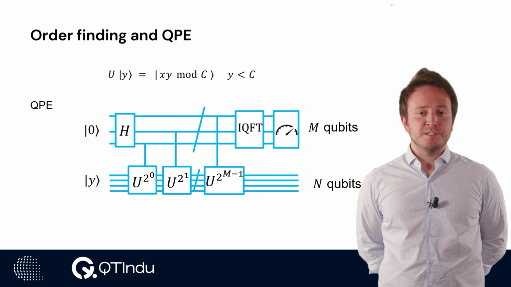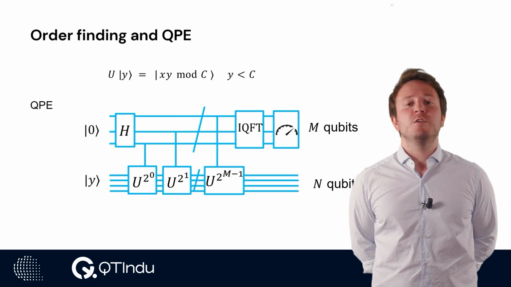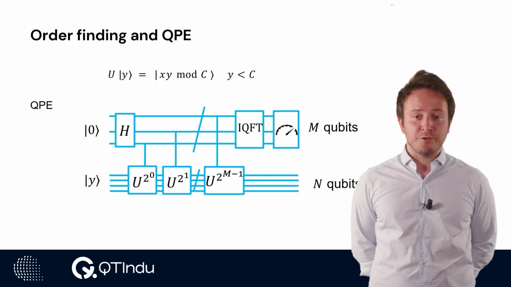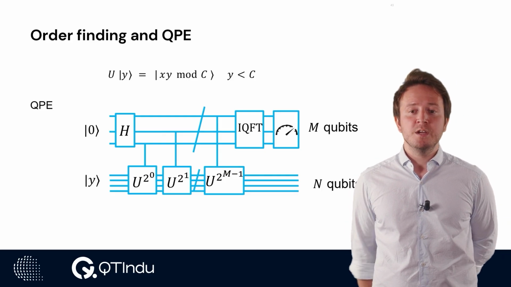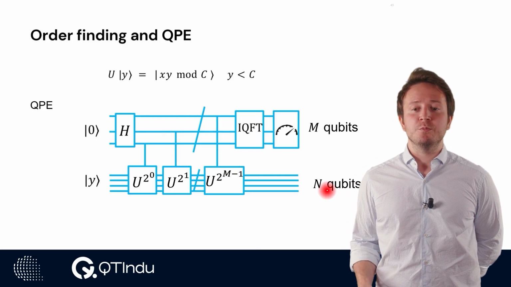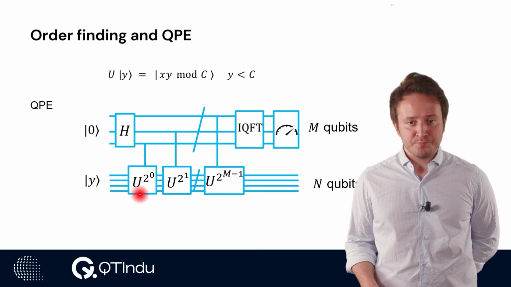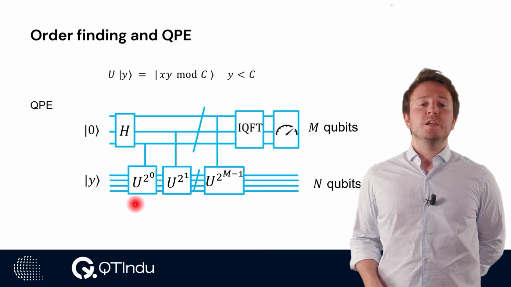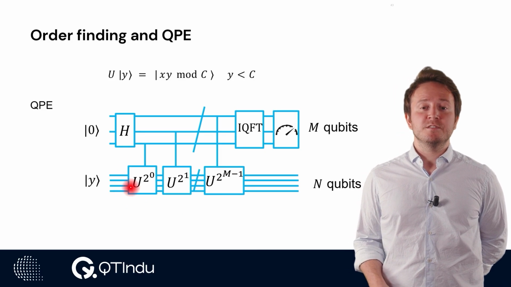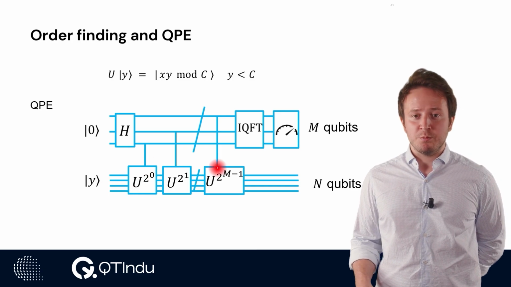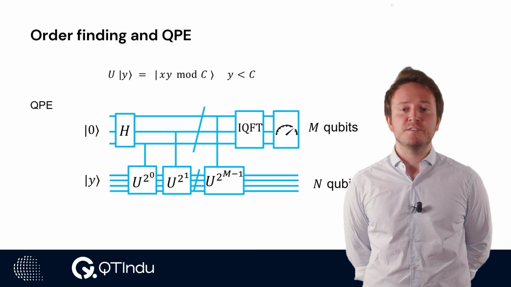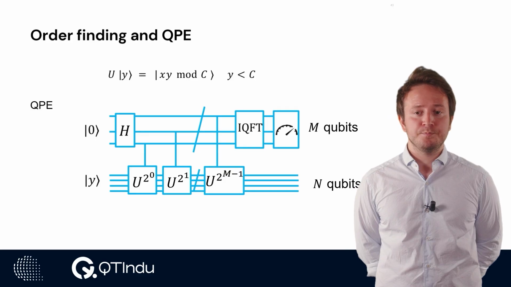Now, that was just the shorthand notation of the quantum phase estimation algorithm, but in reality, it is a bit more complicated because we have m qubits and n qubits in the two different registers. In particular, we need to apply this unitary matrix several times in order to make this quantum phase estimation work.